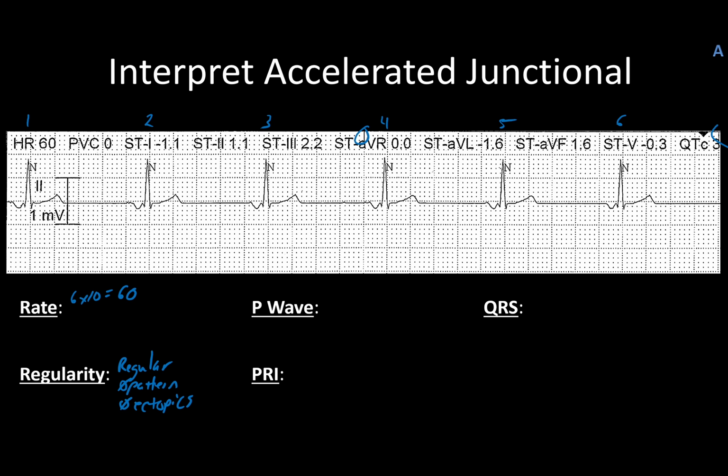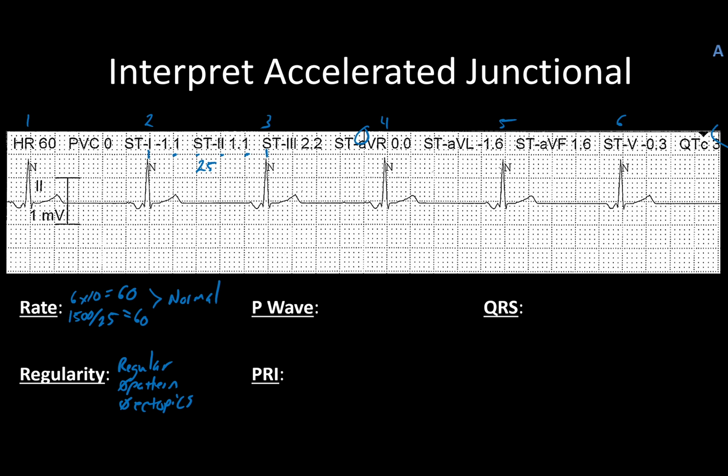And no ectopics. So what is our true measurement? Well, between here and here, I get a total of 25 small boxes. By golly, that is normal. So we have a normal rate, we're regular.